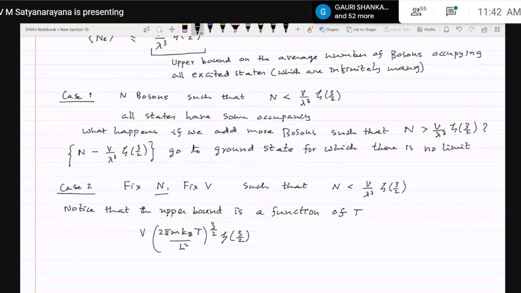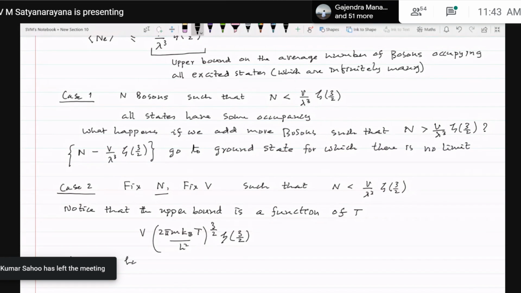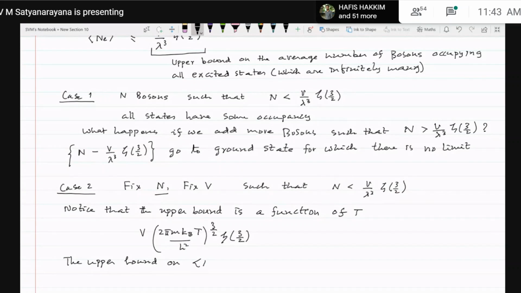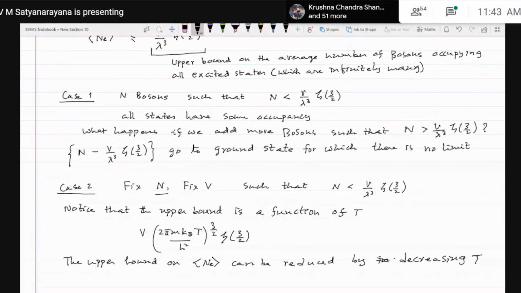So the upper bound on the average number of excited state particles can be reduced by decreasing temperature.